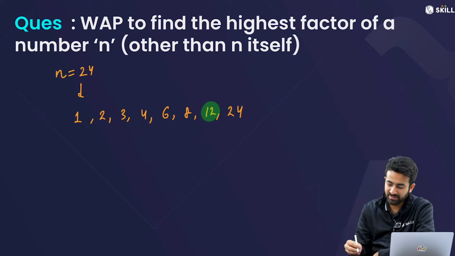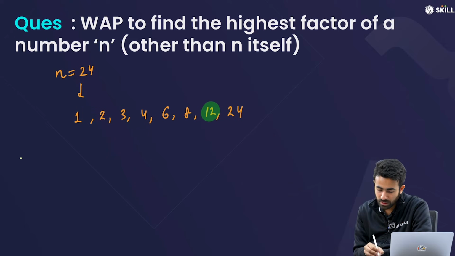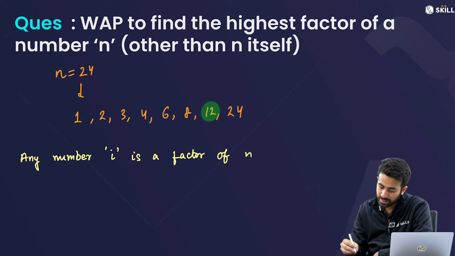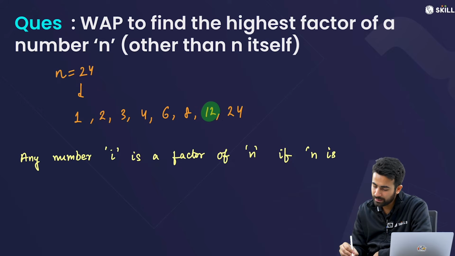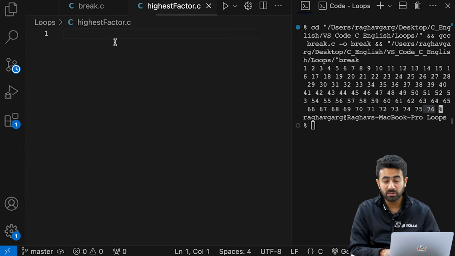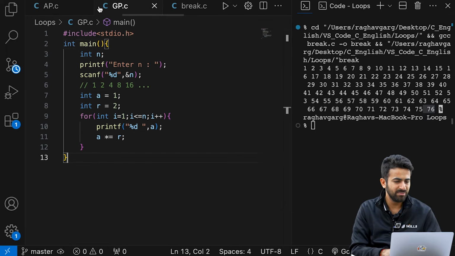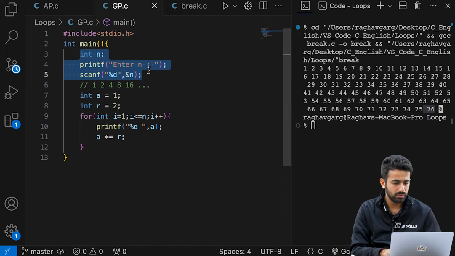So for example, the definition is any number i is a factor of n if n is divisible by i. I'm not writing the most optimized code right now. I'm teaching you.